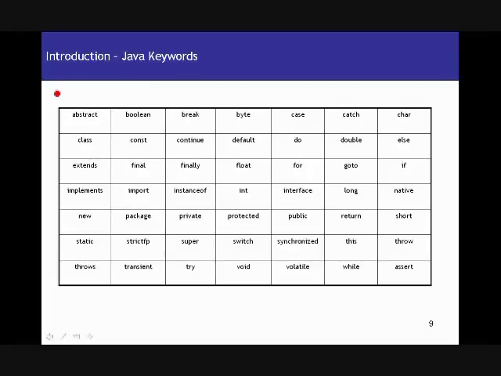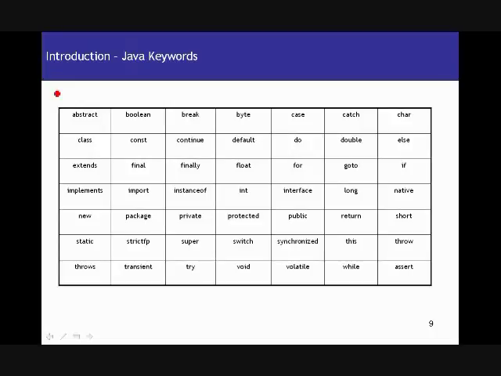Okay, so what is a keyword in Java? A keyword is a word which has some kind of special significance to the Java compiler, right? Whenever the compiler comes across any of these words in the Java program, it knows that it has to deal with it in a special way. It's not just a simple word.